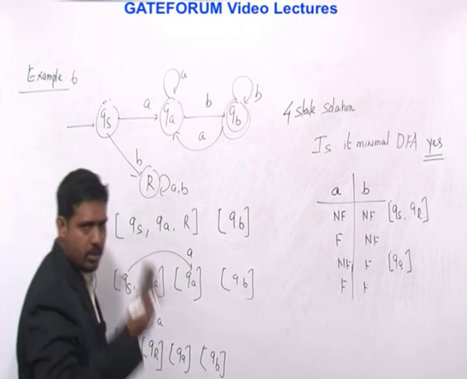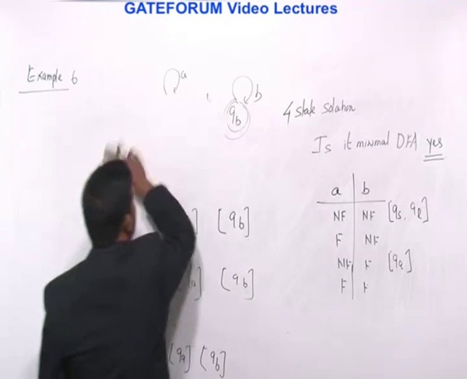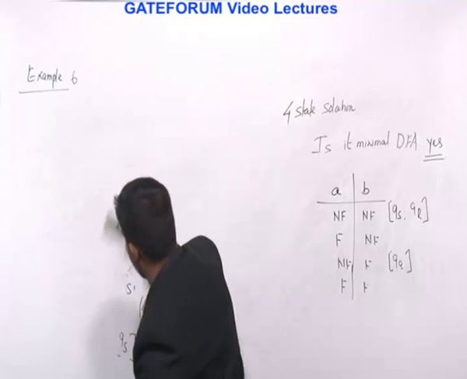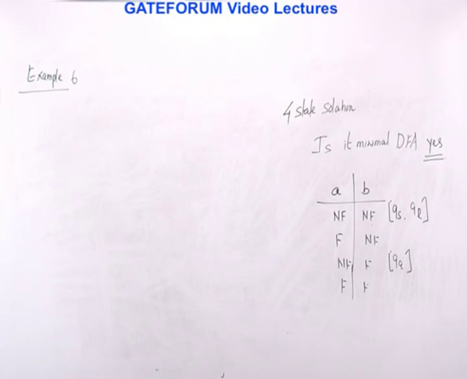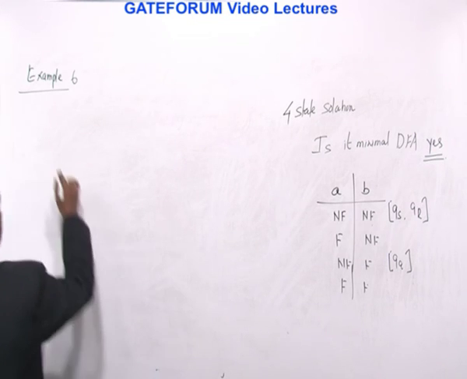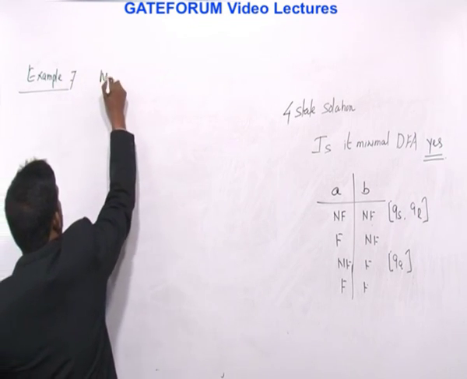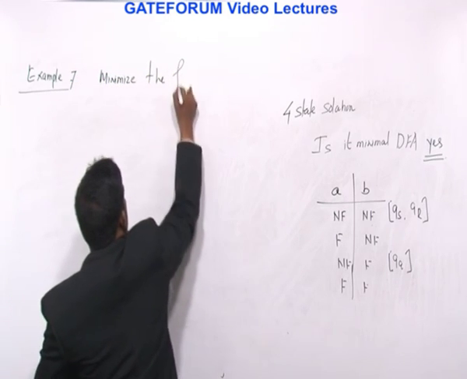Let's check one more example for minimal condition. Okay, let's say example 7: minimize the following DFA.